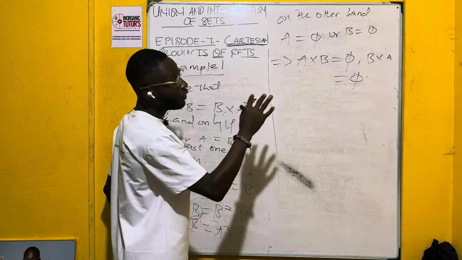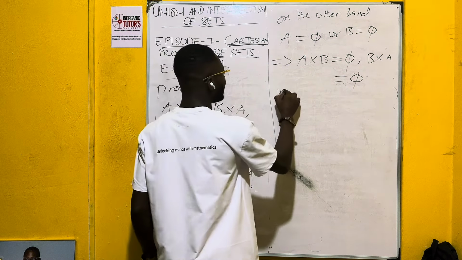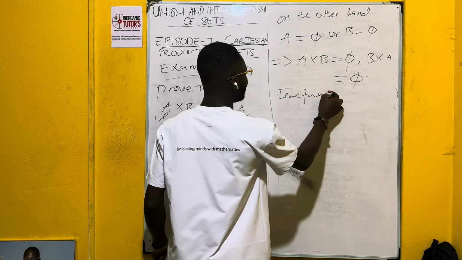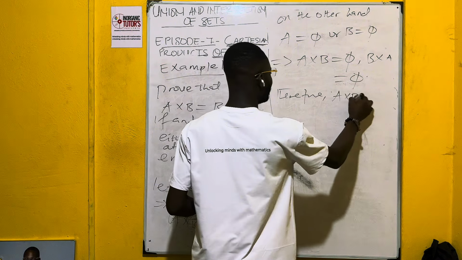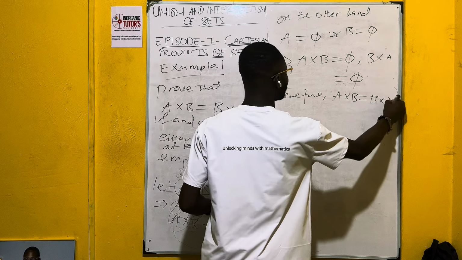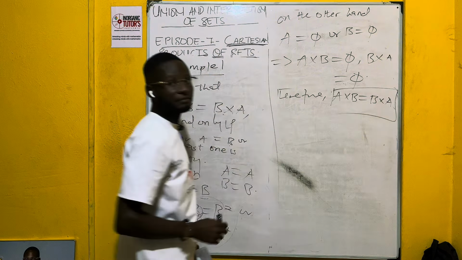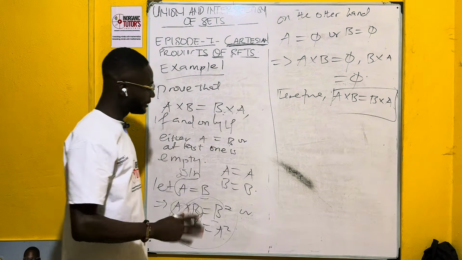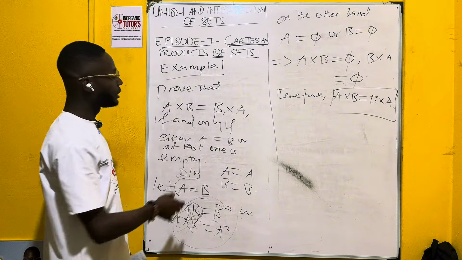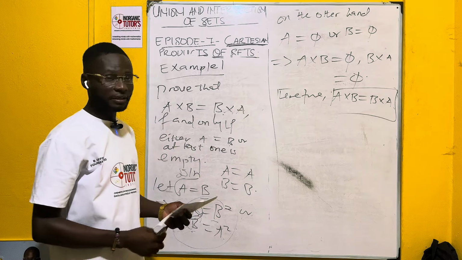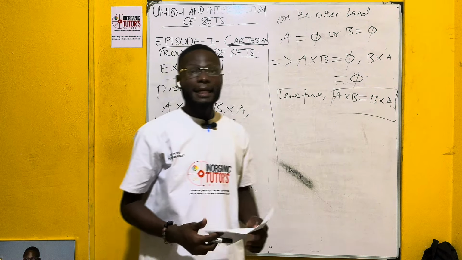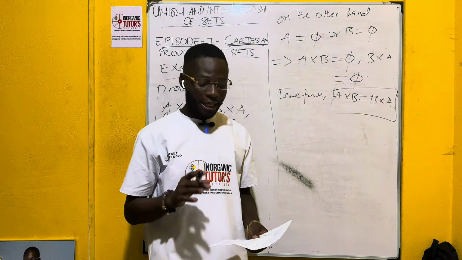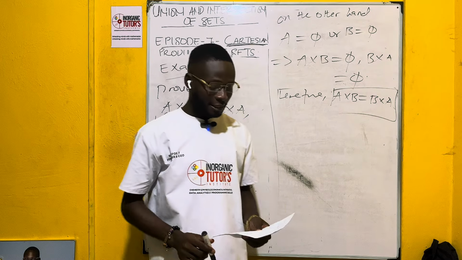So based on this deduction, we can therefore say that A cross B is equal to B cross A. This is very, very simple. We just use the conditions that we were given to do this proof. All right, we are done with this particular proof.